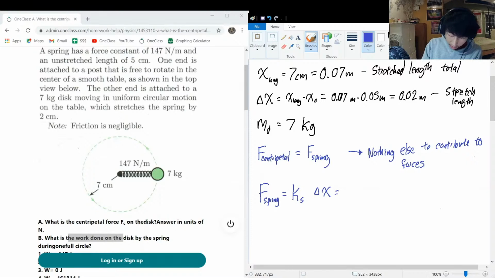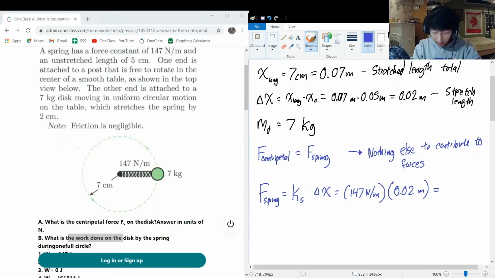So let's get this calculation real fast. Should be pretty straightforward. We know that our spring constant is 147 newtons per meter, and we had 0.02 meters for the change in length of the spring between its natural length and its stretched length.